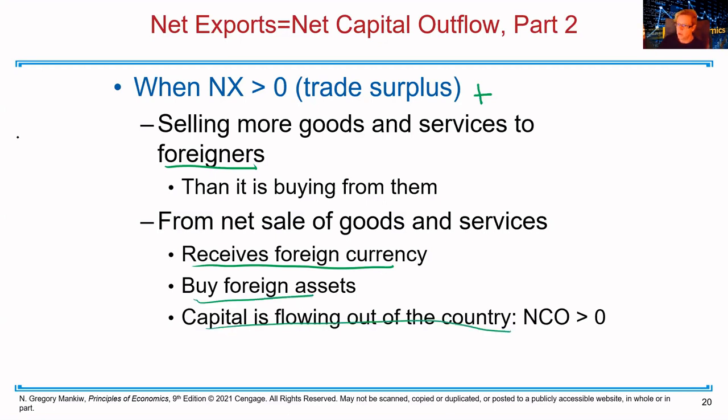So when net exports are positive, dollars are flowing out of the US.